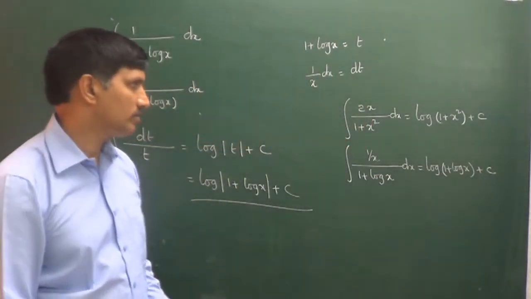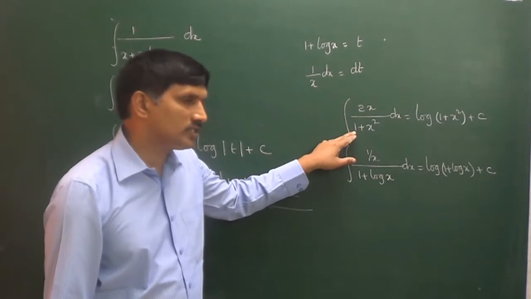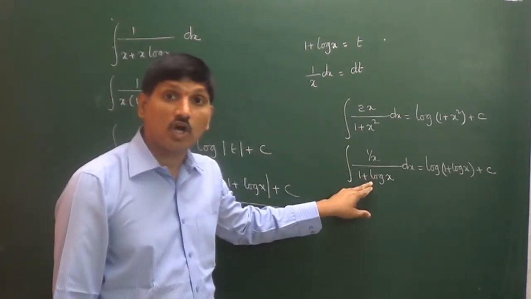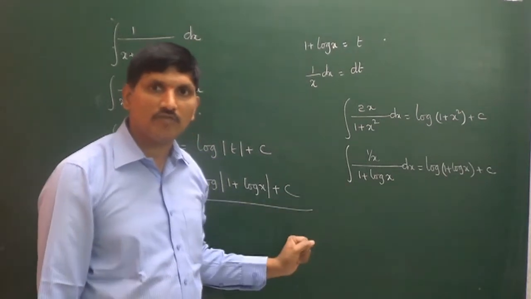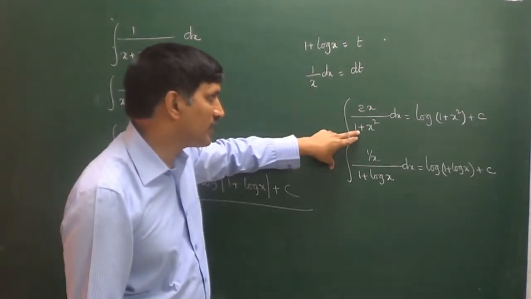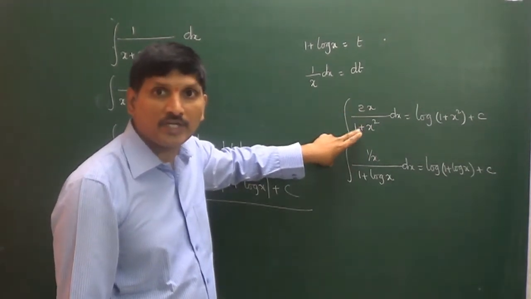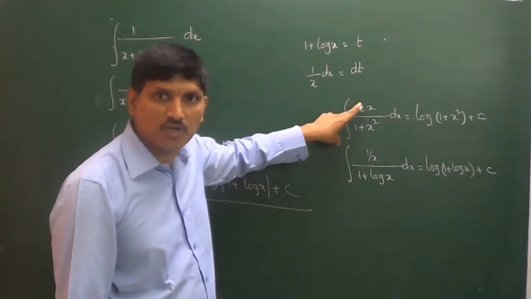Now observe here. In both we got the answer as log of the denominator. What is the meaning of that? The denominator's differentiation appears in the numerator.